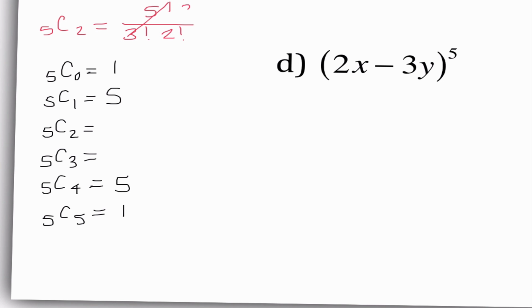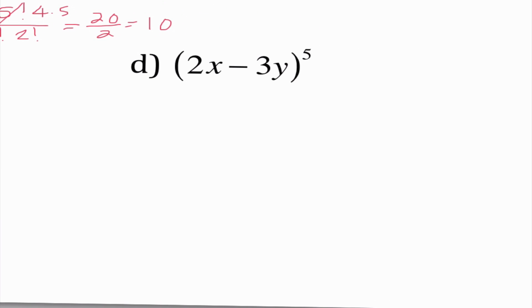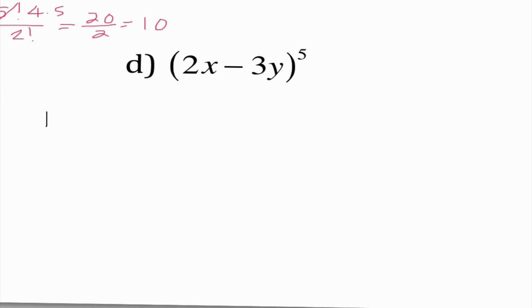This becomes 4 times 5, so I have 20 over 2, which is 10. So these values are both 10. So we know our coefficients are going to go 1, 5, 10, 10, 5, 1.